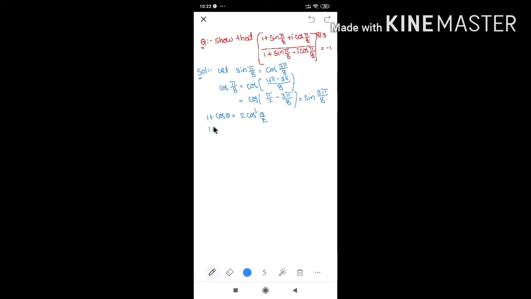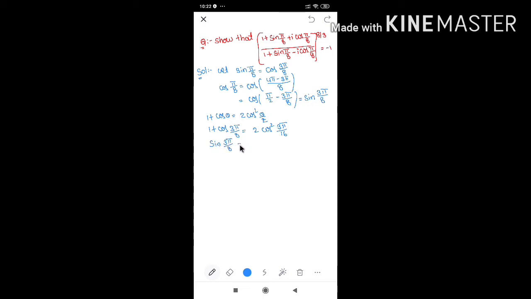So 1 plus cos 3 pi by 8 we need to write as 2 cos square 3 pi by 16. And sin 3 pi by 8 we need to expand also.